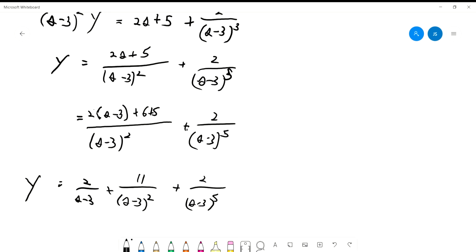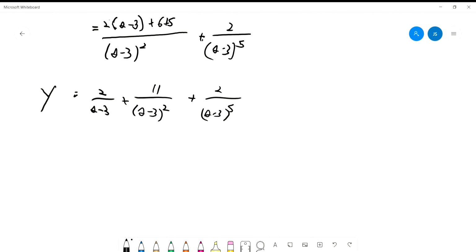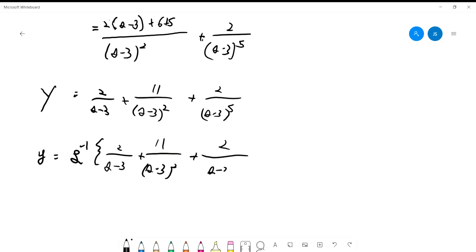That's capital Y. Our little y is the inverse transform of that. So little y is L inverse of all that stuff. That says 11 in the top. And because of the s minus 3, everything's composed with s minus 3.